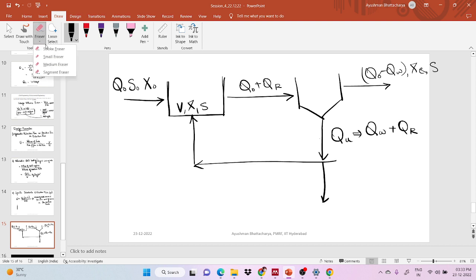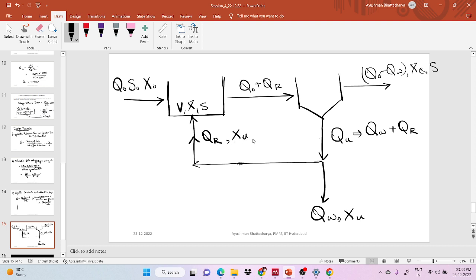I think you people will be well acquainted with this figure. So this is QW XU, and here it is QR XU, S. From this figure you can relate these things.